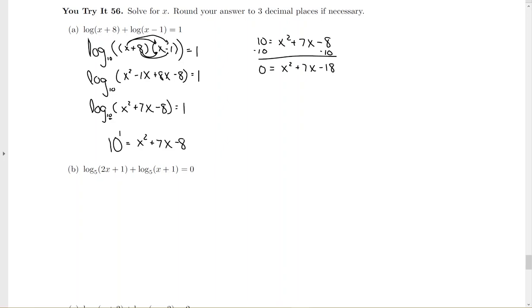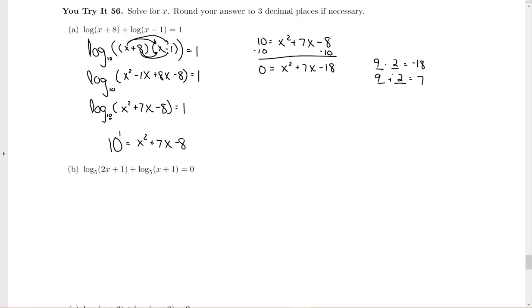You should be able to factor these. So we're looking at what's going to multiply to negative 18, but then add to positive 7. So we're looking at a 9-2 combination for 18.